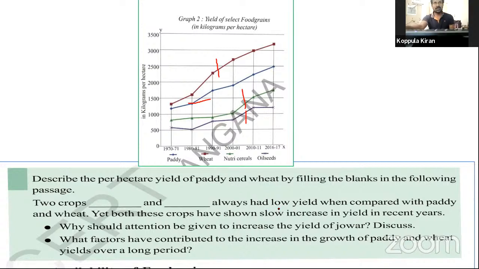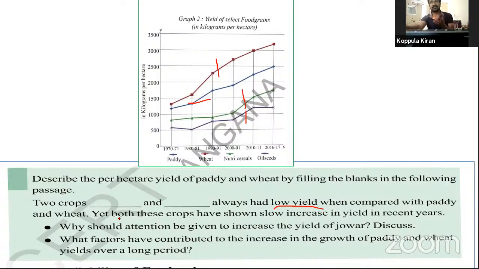See this, low yield when compared with paddy and wheat. Paddy and wheat are growing rapidly, but these nutri cereals and oil seeds are at a very low growth level.